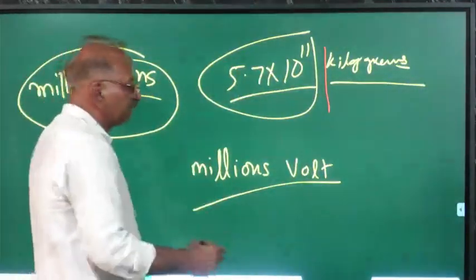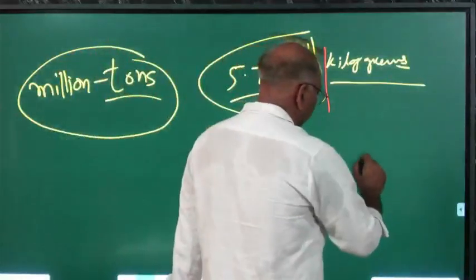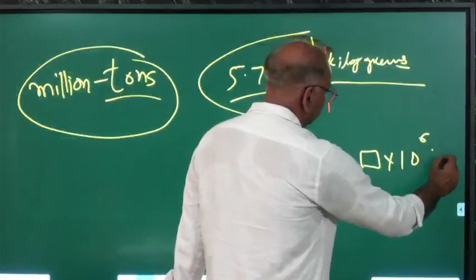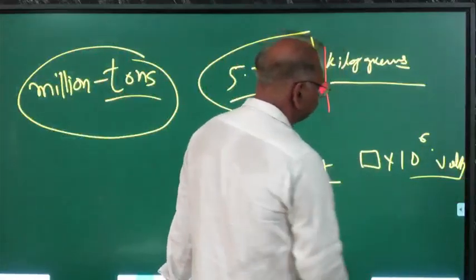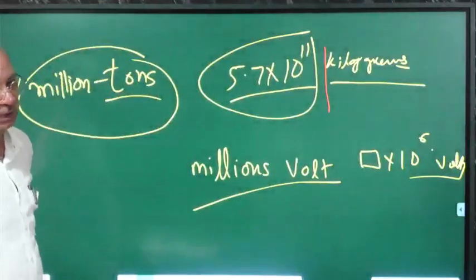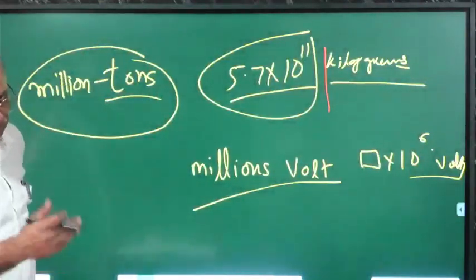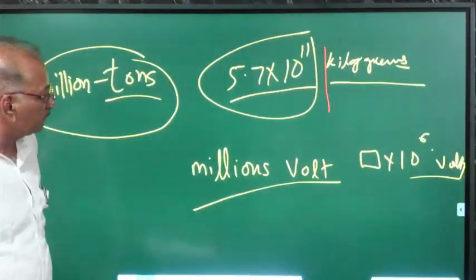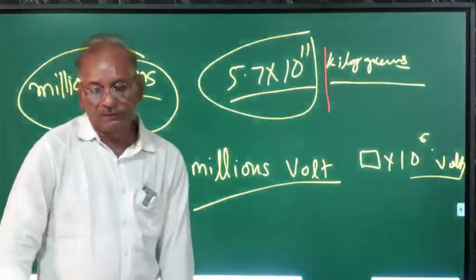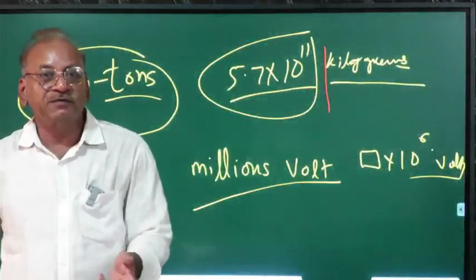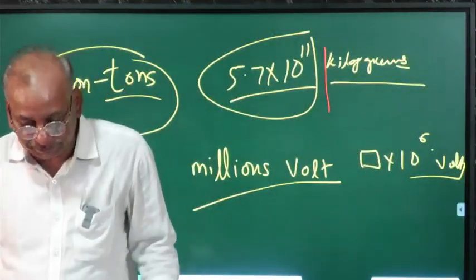Rather than writing million volt, we write the quantity and put it in volt, that is equal to million volt, or ampere or any other thing. Right? So in this manner, we have the tradition of expressing physical quantities.